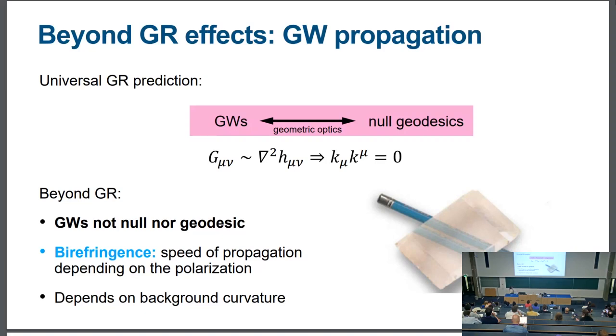You can think of it from optical physics: you have a pencil and some crystal on top of the pencil, and you have two polarizations, so you end up getting a double image. Gravitational waves in beyond GR will also depend on the polarization, and so you'll get birefringence.